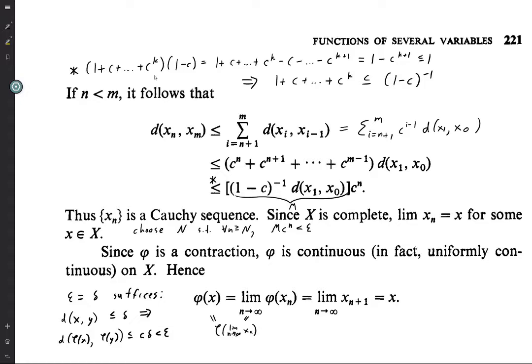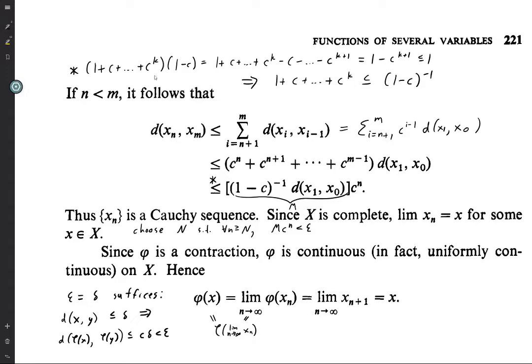And so if you choose capital N in this way, then the distance between xn and xm is less than or equal to capital M times c to the n, which is less than epsilon. And that's what you need. That's the definition for a sequence being Cauchy. So the sequence of xn's is a Cauchy sequence.